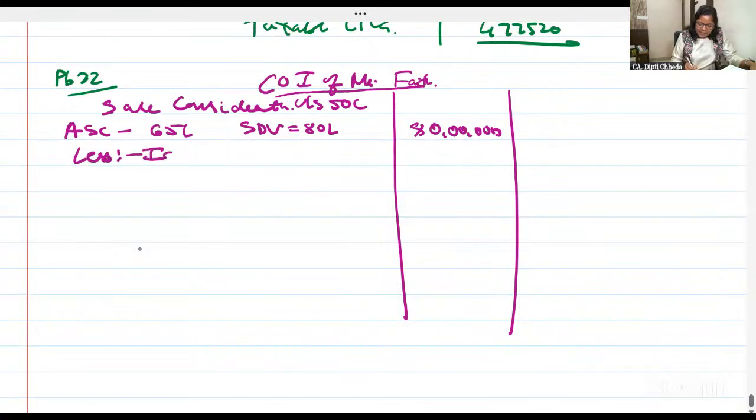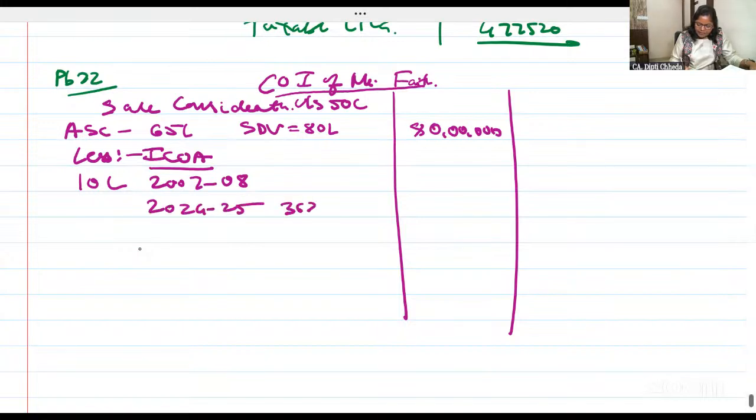Shall we simply and quickly take index cost of acquisition? He purchased it for 10 lakhs in January 2008. So January 2008 means you have to take 7 and 8, and now it is 24 and 25.